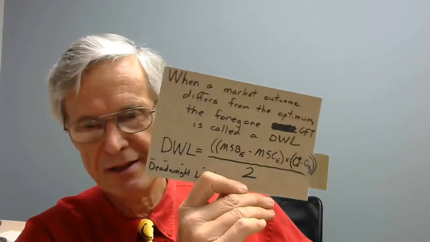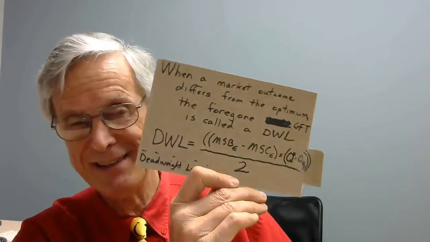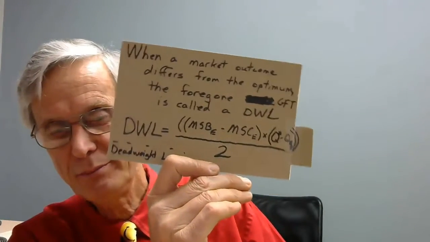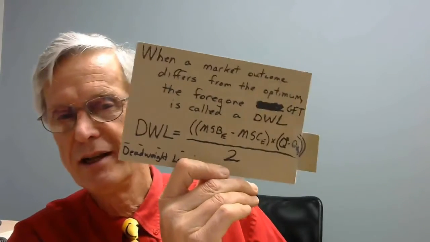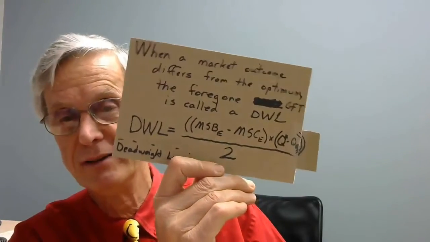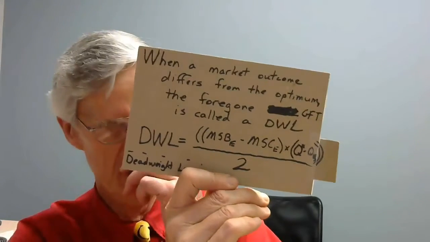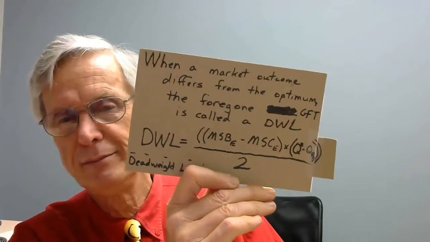All dead weight losses are the same. See my little tag there? I ran out of space before writing down the whole expression. A dead weight loss, like a consumer surplus, like a producer surplus, is typically a triangle. So there are your two sides of the triangle: the marginal social benefit minus the marginal social cost at the equilibrium.